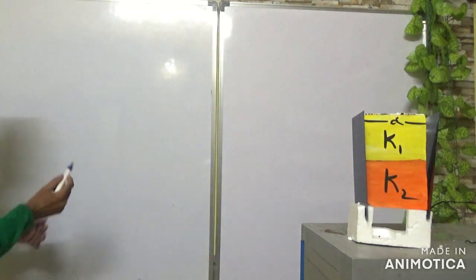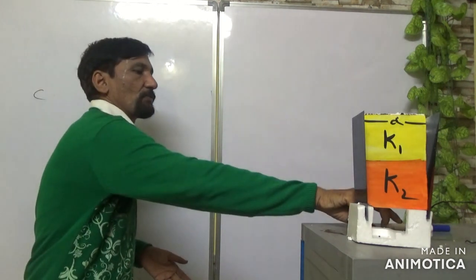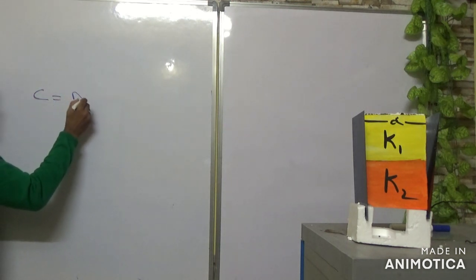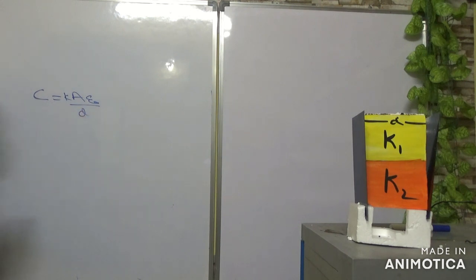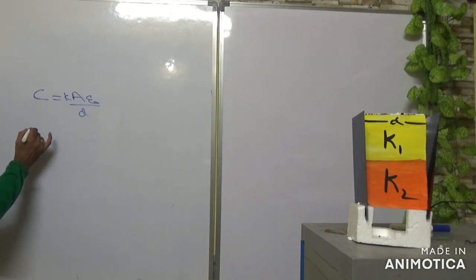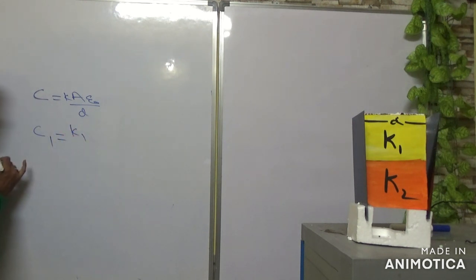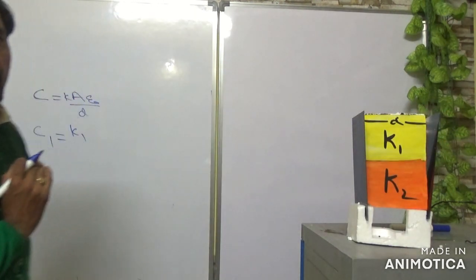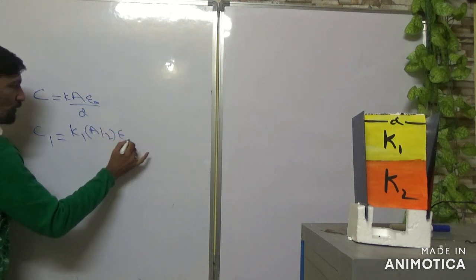Okay, so C is equal to K A epsilon naught by D. Now this you divided into two dielectrics. So C1 equal to K1, and area wise, if you notice, half the area is divided, so that is why A by 2 epsilon naught.